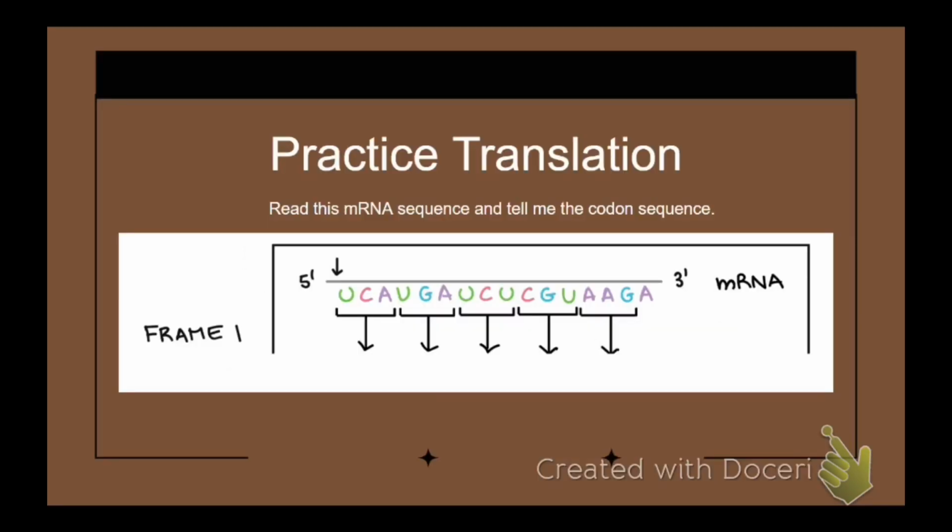All right, so what I want you to put in your notes next is this sequence of codons. I'm going to write it out for you in sets of 3.